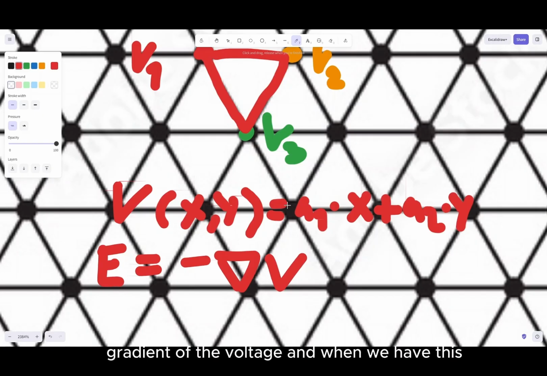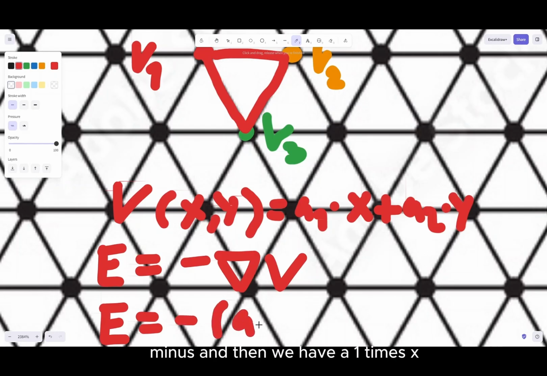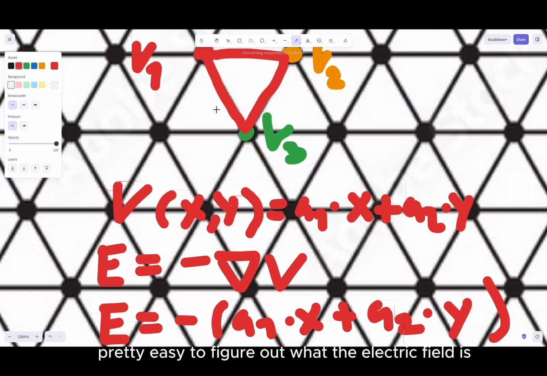And when this voltage is only dependent on two linear lines in the xy plane with a slope, then it's pretty easy to find the negative gradient, because then the negative gradient is just equal to minus a1 times x plus a2 times y. And why is this smart? Well, it's smart because then it's pretty easy to figure out what the electric field is inside each of these triangles.